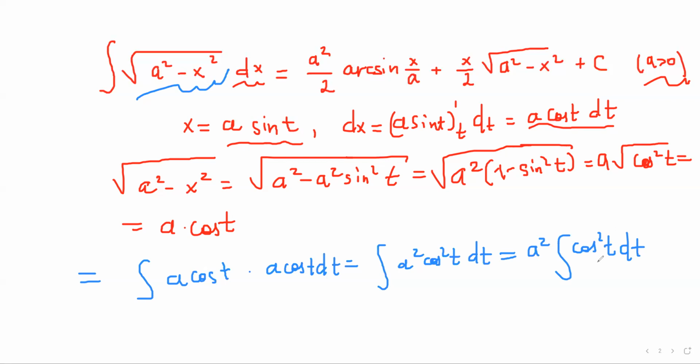Of course, we are going to use here the formula for the half angle, or as we sometimes say, the double angle. So cosine squared t, we all know that it's equal to 1 plus cosine 2t divided by 2. So let's place everything in this integral.